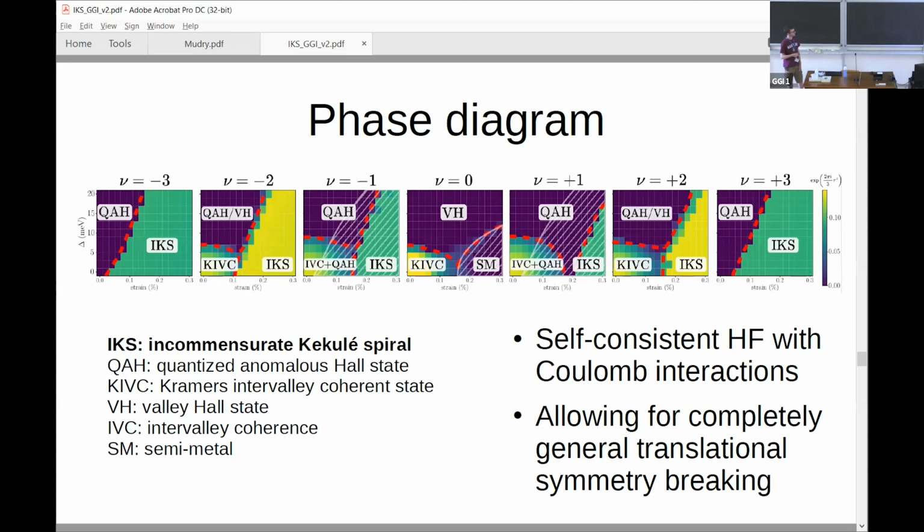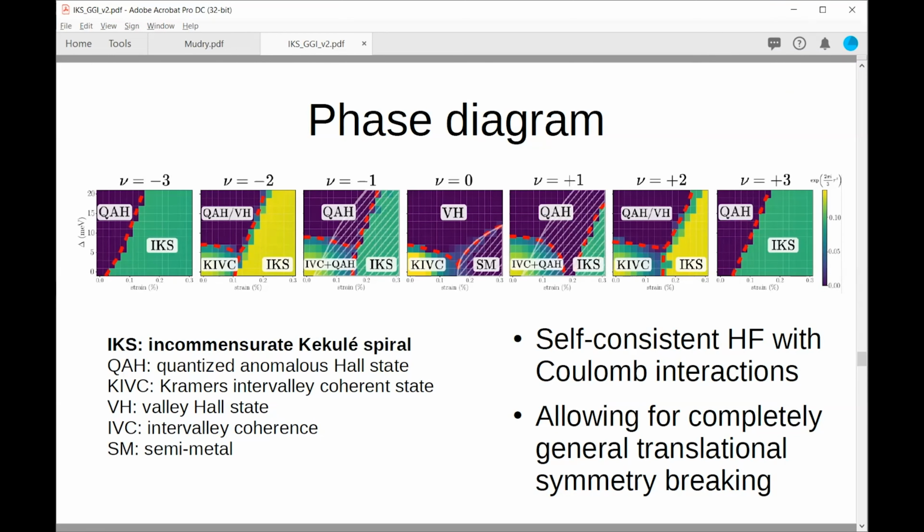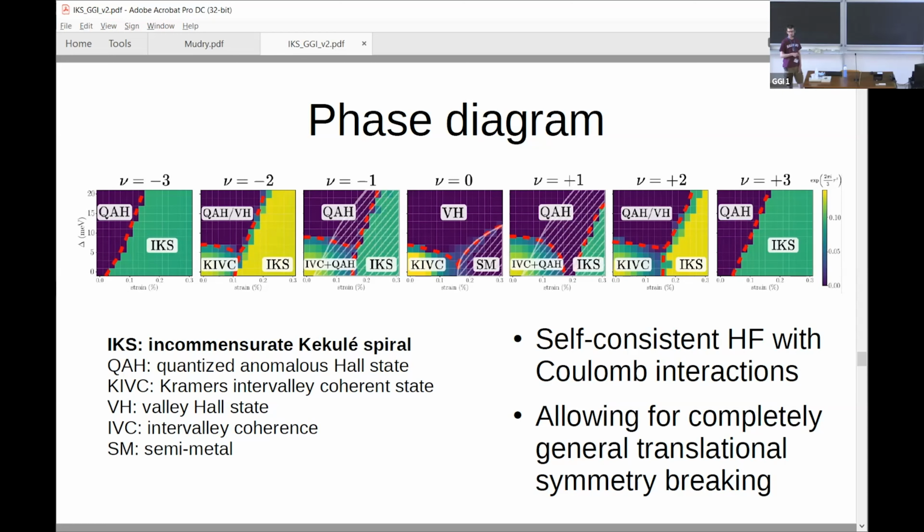But then if we add strain to the problem, you see that in every case, we stabilize a different phase, which is this IKS state, which stands for incommensurate Kekule spiral, or at charge neutrality, we stabilize the semi-metallic phase that I mentioned before. And so the inclusion of strain takes us away from this strong coupling regime and stabilizes this new state, which I'll talk about in more detail now.